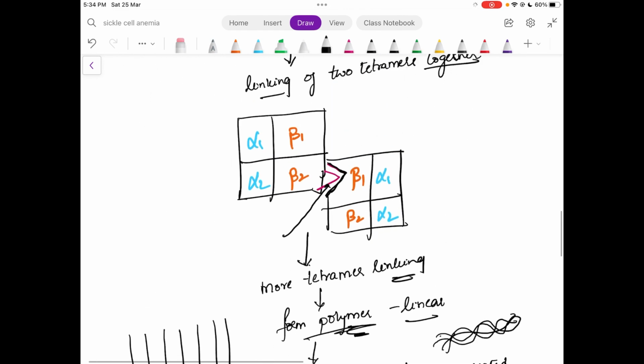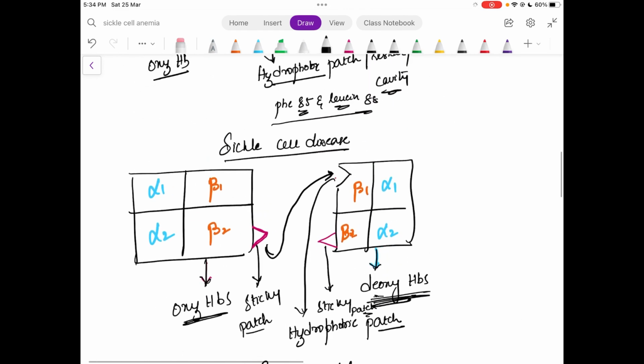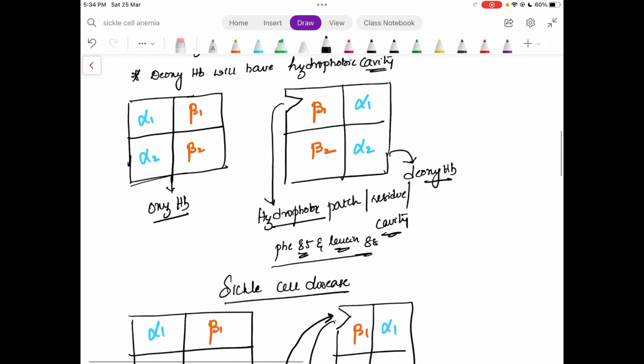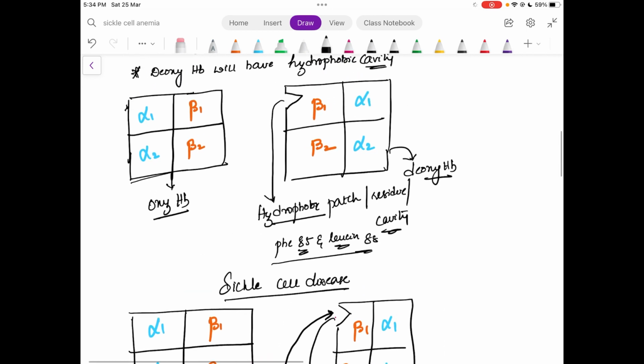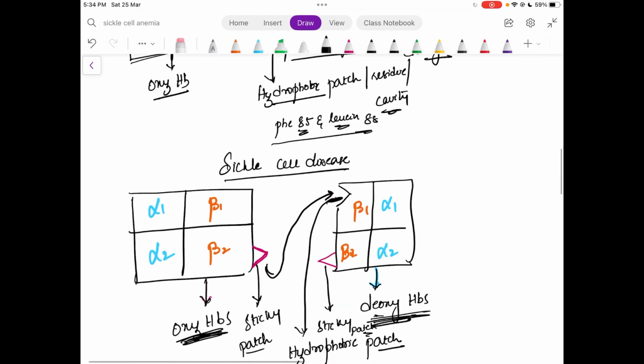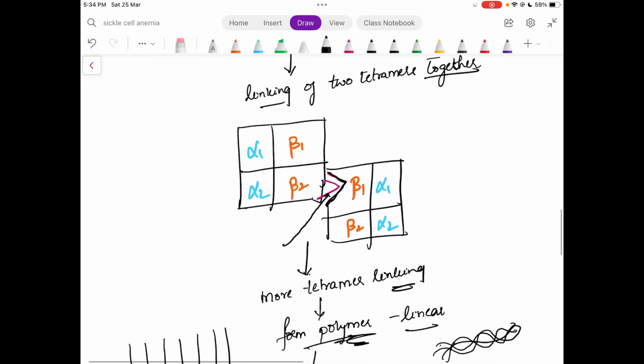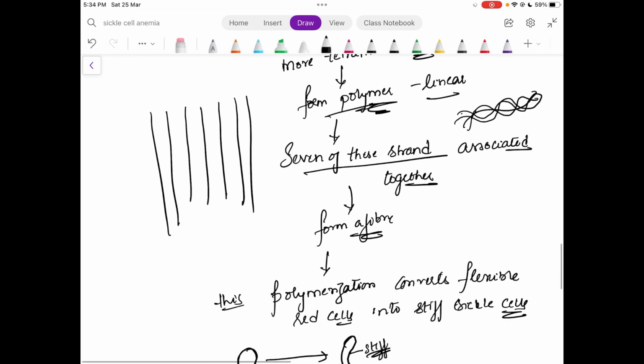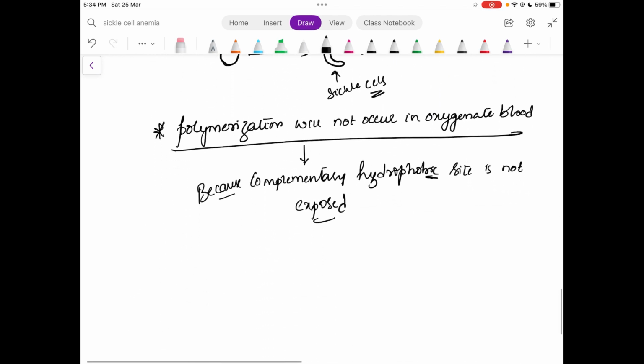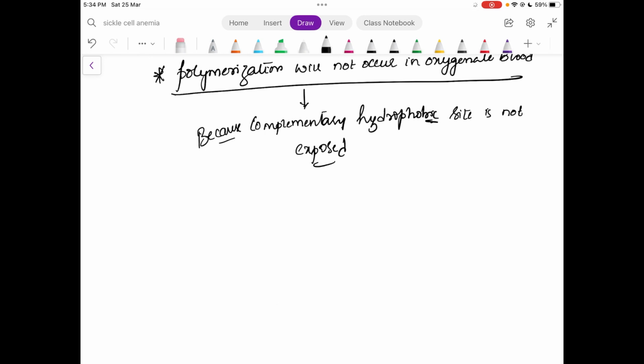If you see the structure here, this oxyhemoglobin S doesn't have any hydrophobic patch, and here also oxyhemoglobin doesn't have any hydrophobic residue. Only deoxyhemoglobin will have a hydrophobic patch. So that means oxygenation will decrease sickle cell formation.